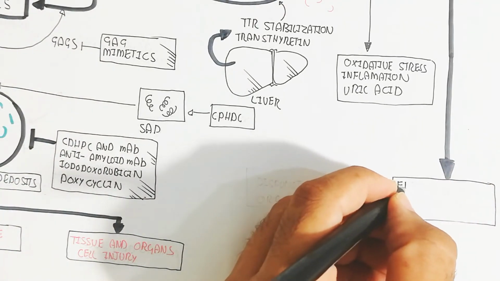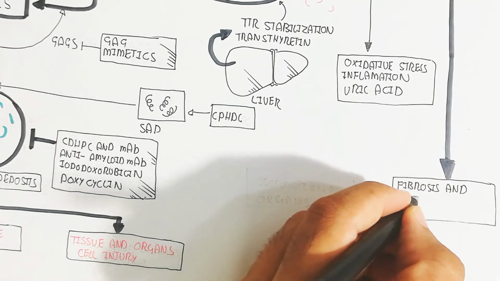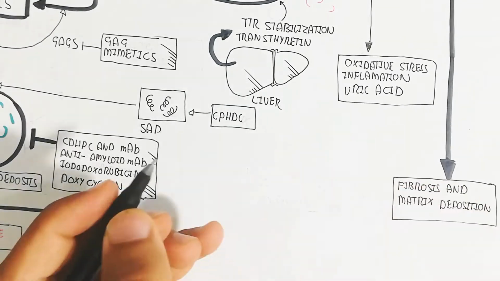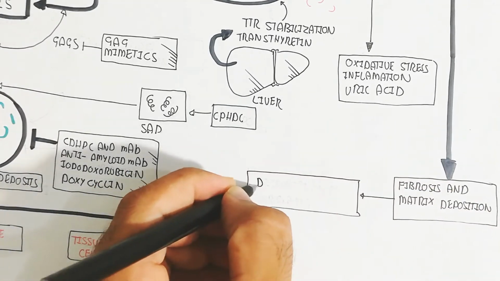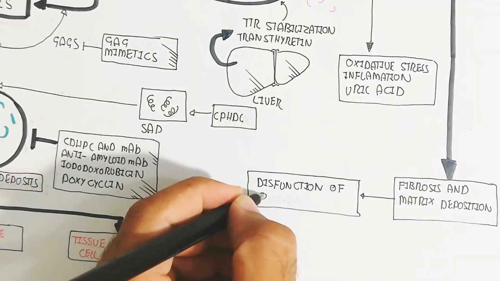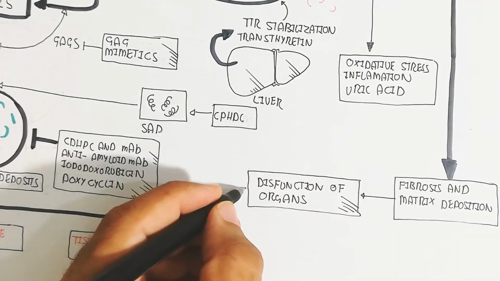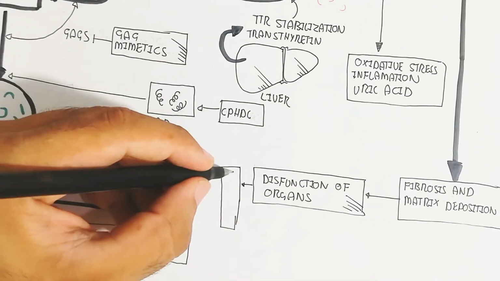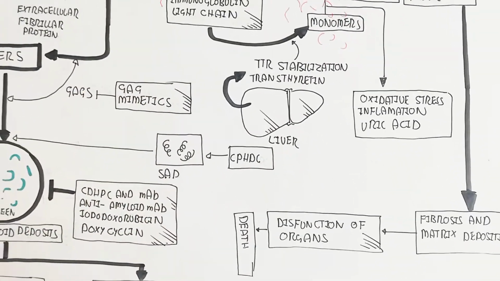Anyhow, this amyloid fibril will lead to fibrosis in several tissues and matrix deposition, also fibrosis in the liver, and on the other hand, the dysfunction of organs ultimately leads to death.